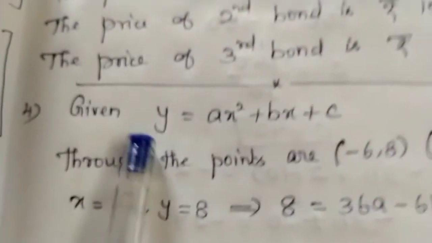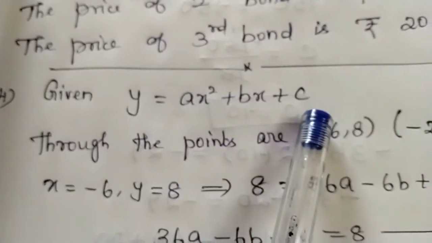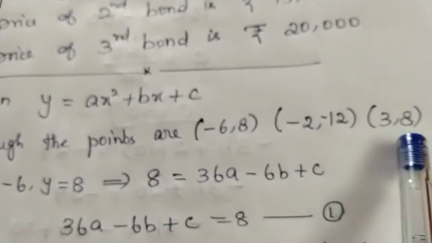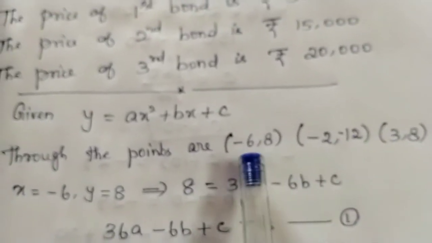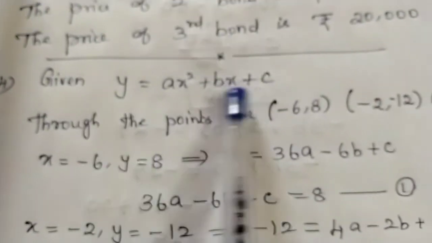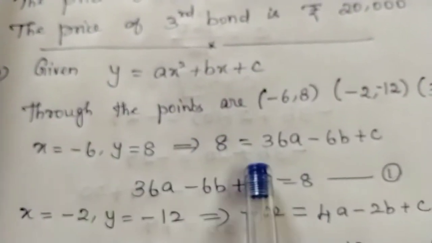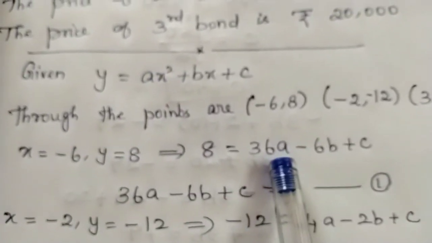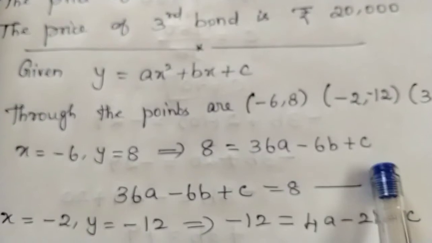Listen, given y equal to ax squared plus bx plus c, through the points (minus 6, 8), (minus 2, minus 12), (3, 8). First take x equal to minus 6, y equal to 8. Substitute in this equation, 8 equal to 36a minus 6b plus c.